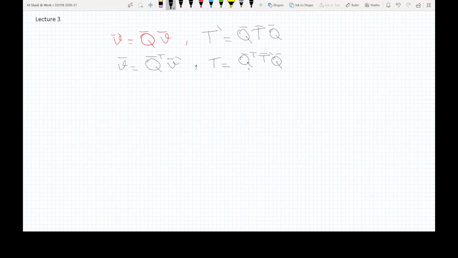You start with Q or with Q transpose, and you can always obtain the vector back by using the same transformation, you just need to transpose it.